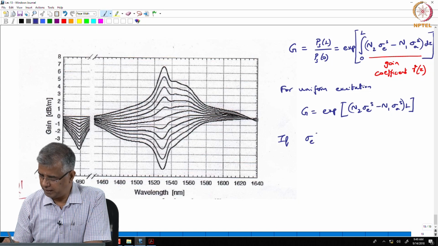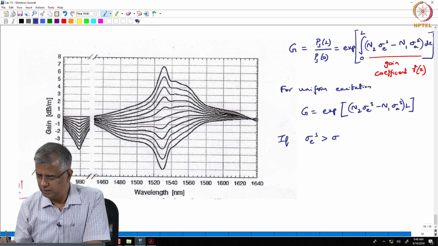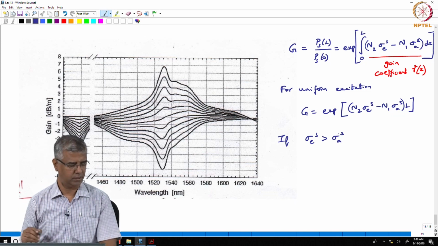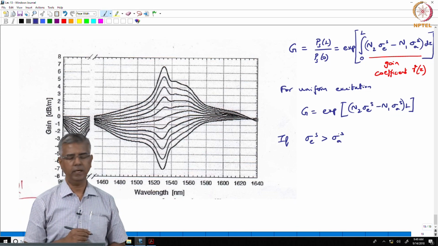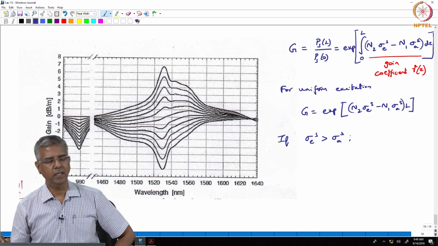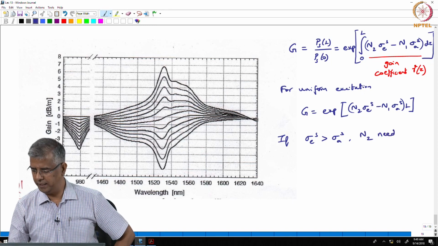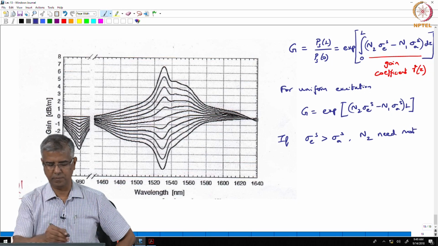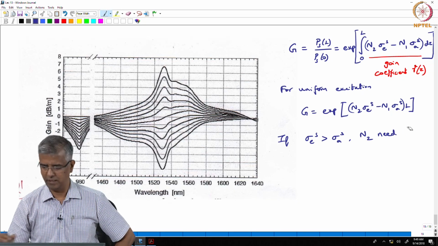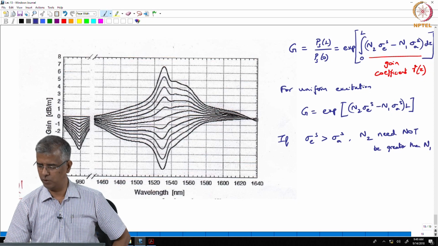If sigma Es, the emission cross section, is greater than sigma As, okay, mathematically you can say that N2 need not, or maybe I will just emphasize that, need not be greater than N1.